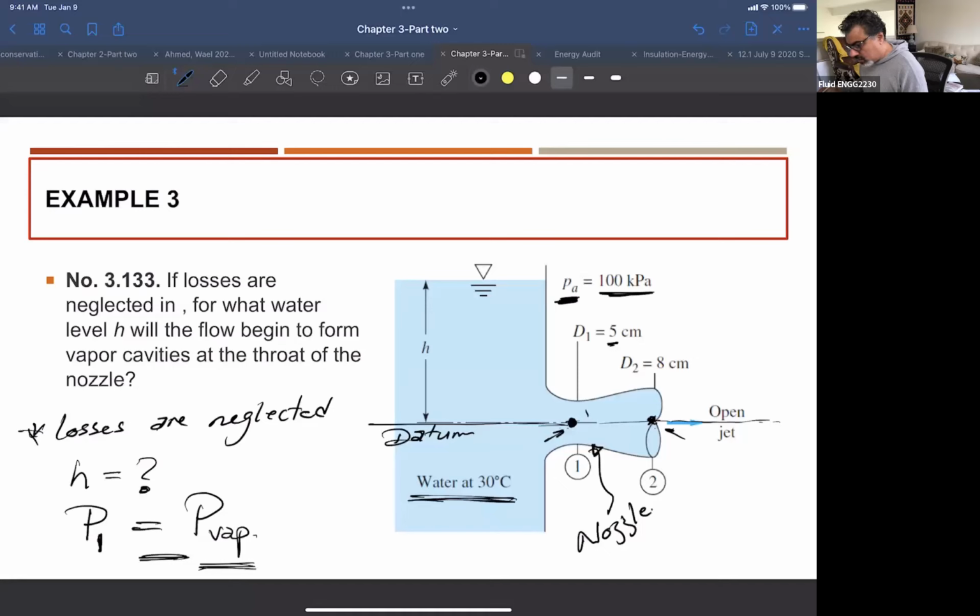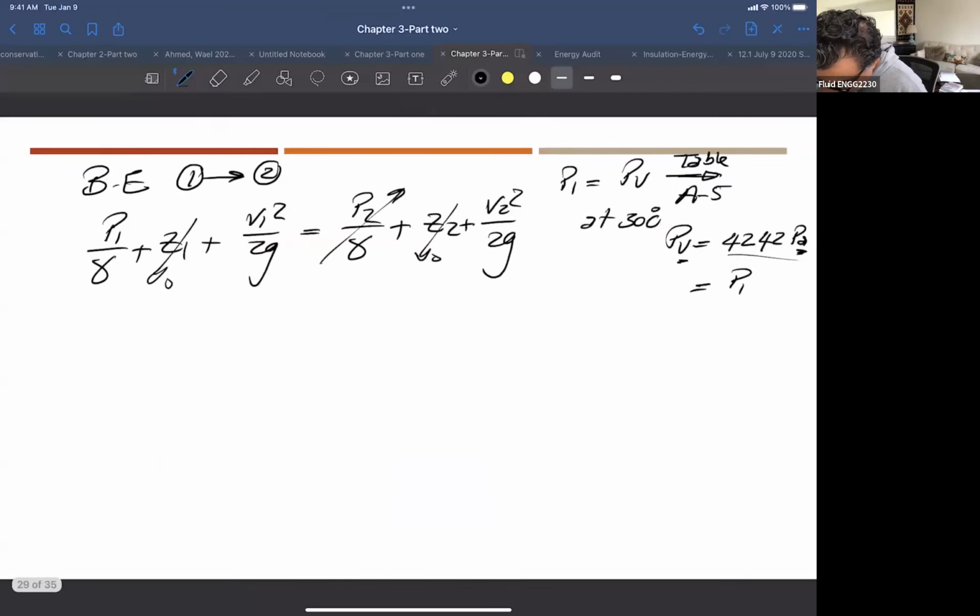Yeah, so those are absolute pressures, properties of absolute pressure, which means that the atmospheric pressure has to be taken as 100 kilopascal. So P2 is 100 kilopascal.